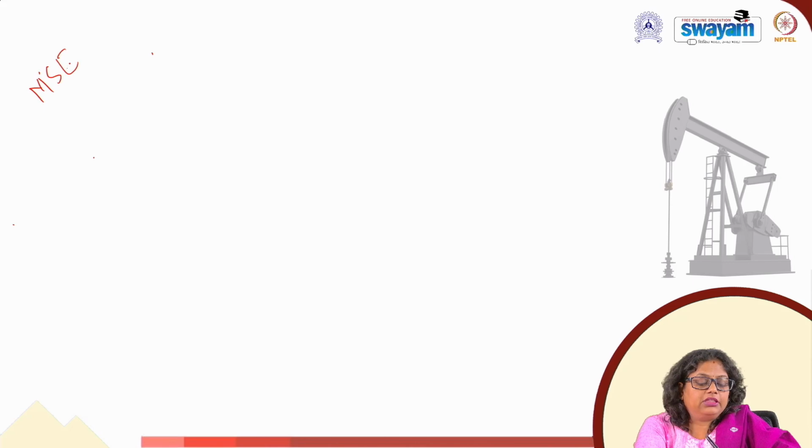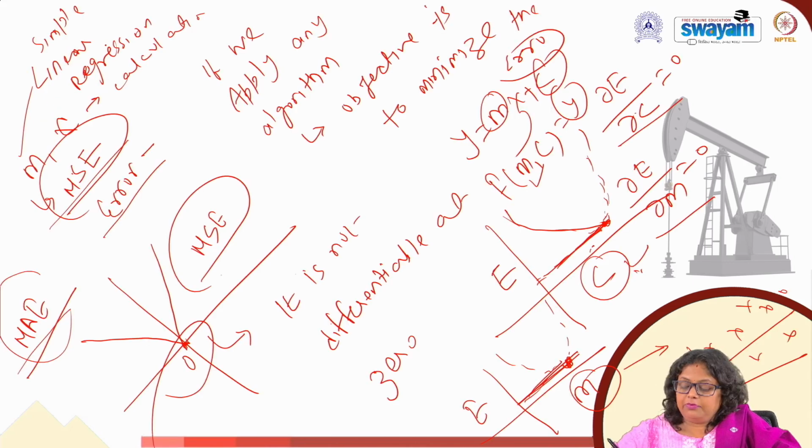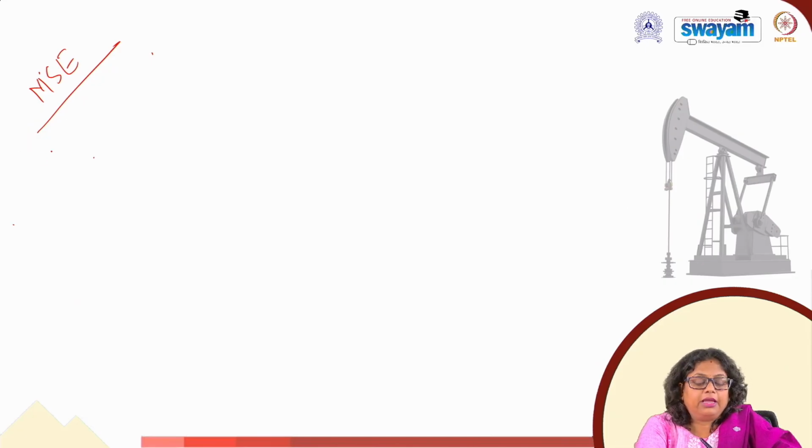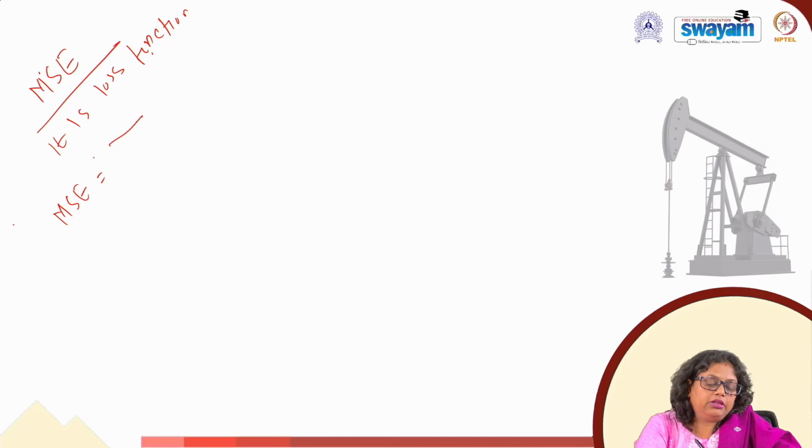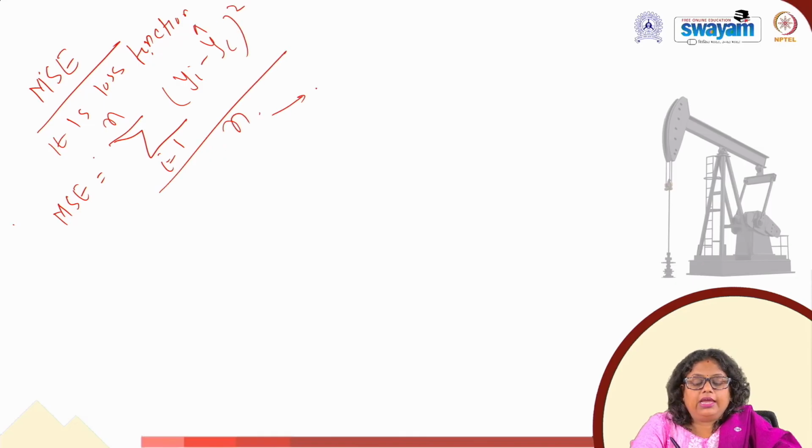So we have seen this option with MSE. It is differentiable at all the points. So what is this MSE? It is again a loss function. And how mathematically will we express this MSE? We will be putting sigma of i is equal to 1 to n, yi minus yi hat to the square, by 2 by n. So n is the number of observations. Okay. So this is the one.